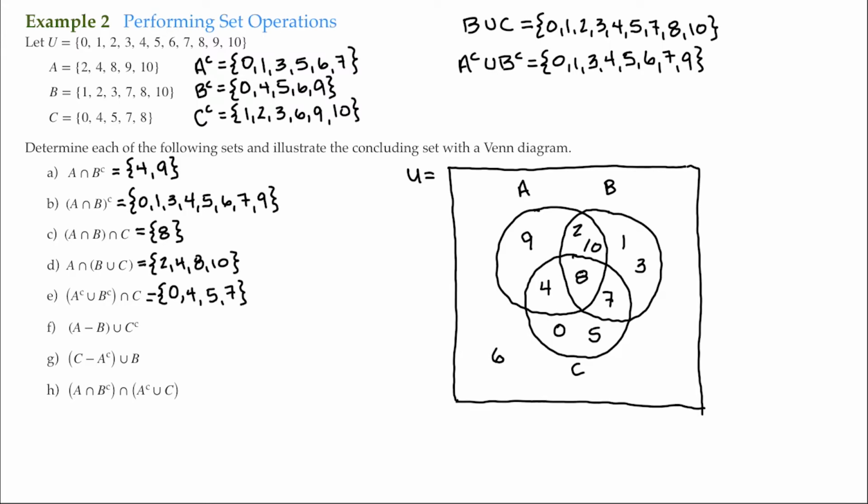So the corresponding Venn diagram, 0, 4, 5, and 7, so it would be this region right here.